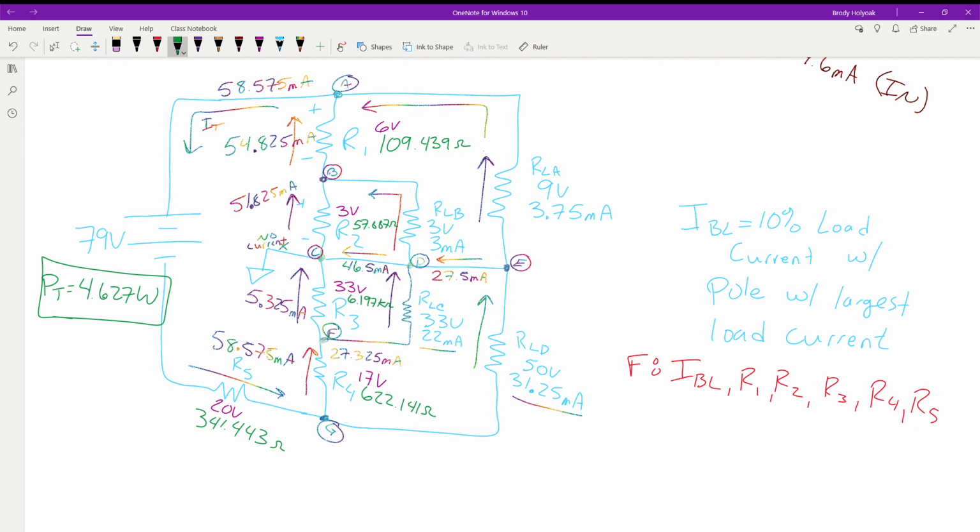It's not terrible. For a total current, the biggest voltage, biggest current would probably be this guy here, our RLC. That's probably going to have the most power. Okay.